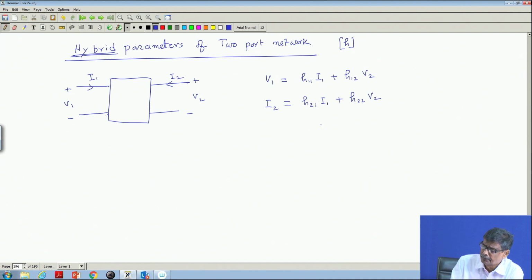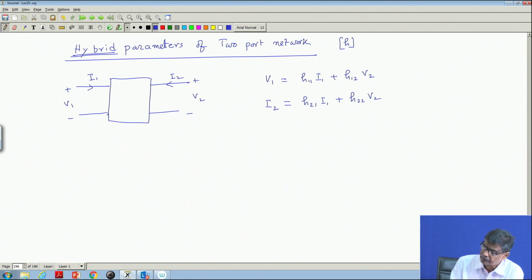And therefore, people say that you take voltage of input port and current of output port and try to express it in terms of input port current and output port voltage, and then I will call these parameters like this. So, this is another way one can express a same two port network either in Z or in Y, or so called in the hybrid parameters.